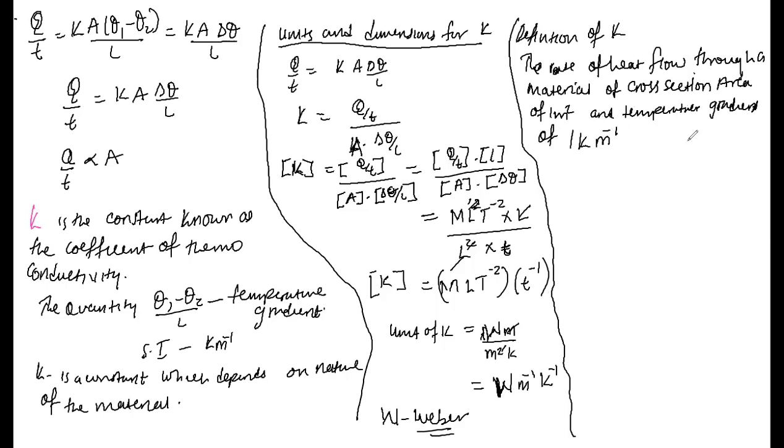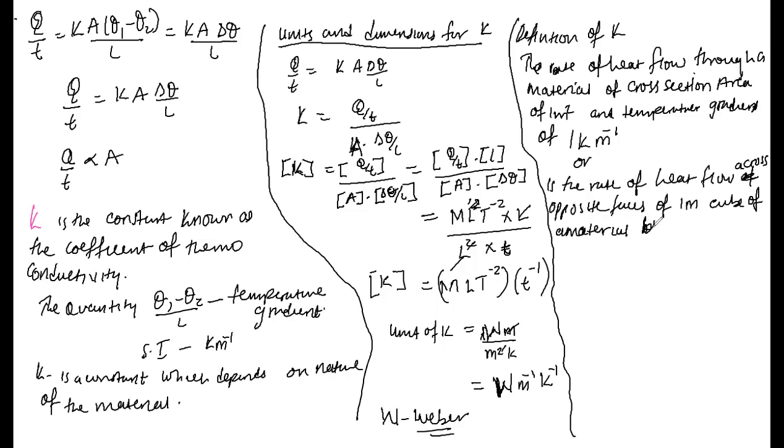Okay, sometimes you can say, or, let me write it here, or is the rate of heat flow across opposite faces of 1 meter cube of a material between which the temperature gradient is 1 Kelvin per meter.